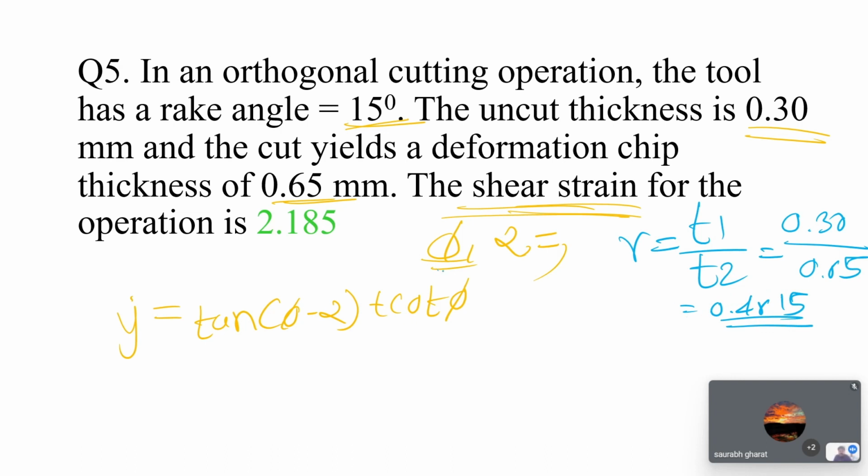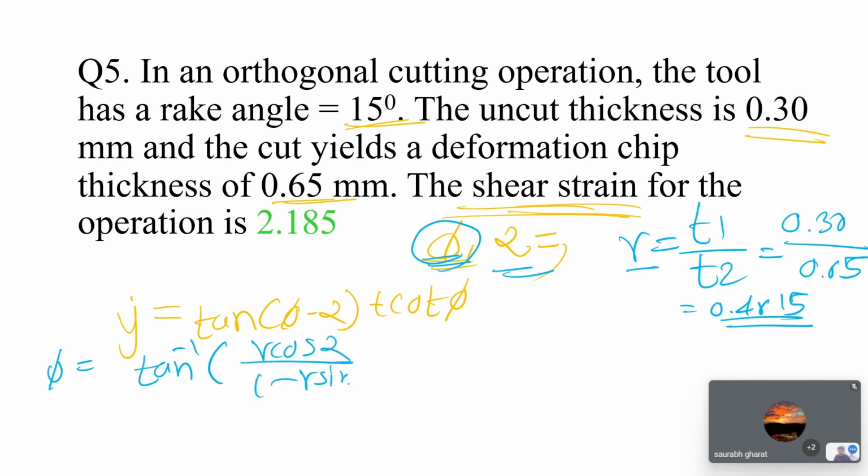So you have to find phi now. What is the formula for phi? From this r and alpha, it is tan inverse of r cos alpha over 1 minus r sin alpha, which we used previously. Just put everything in that.